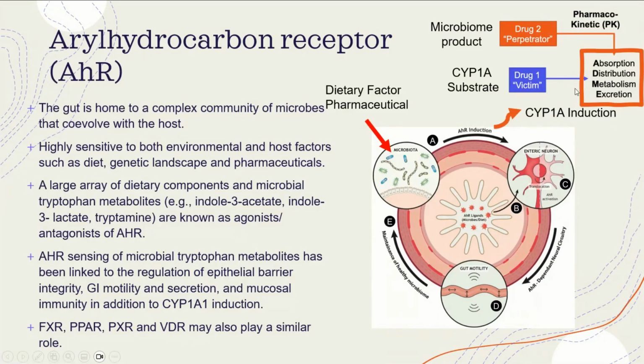So you're actually affecting, directly through AHR activation, the absorption at the level of the intestine. So it's a little different type of drug-drug interaction, where now you're affecting the microbiome. The microbiome is affecting drug interactions as well.